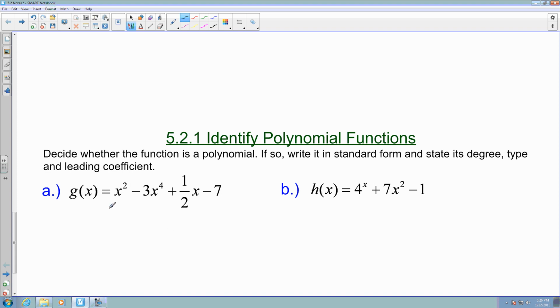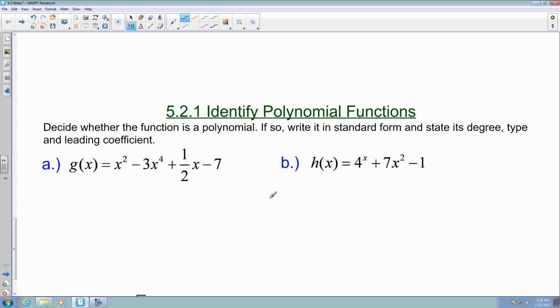If there are any negative exponents, then we can conclude that it is not a polynomial function. Another thing is if we have a variable as an exponent, we can then conclude that it is not a polynomial function. So what they want us to do here is, if it is one, write it in standard form, find its degree, and then find the leading coefficient.